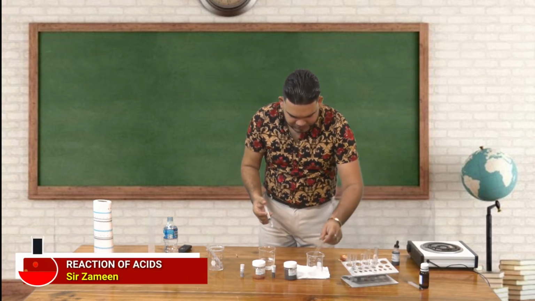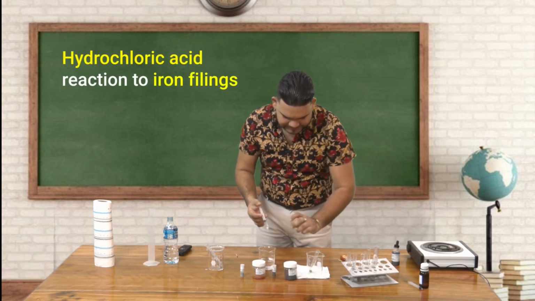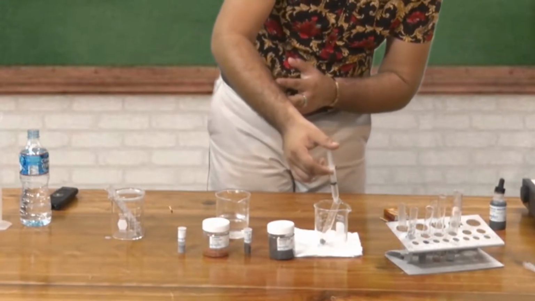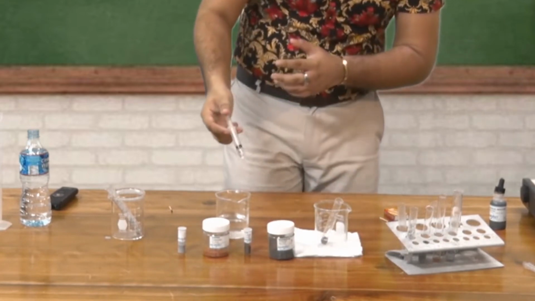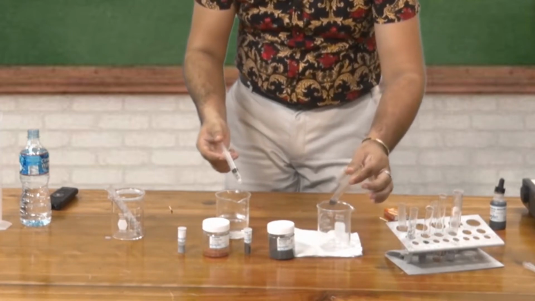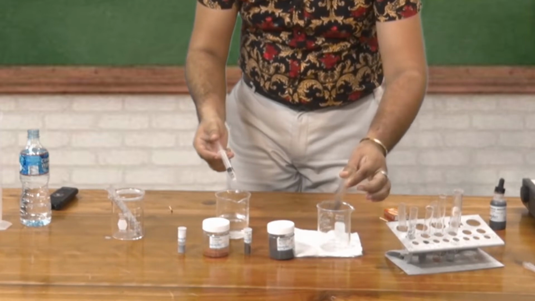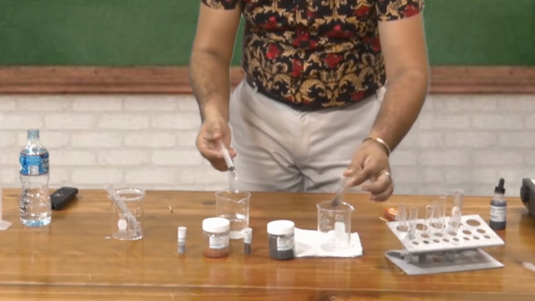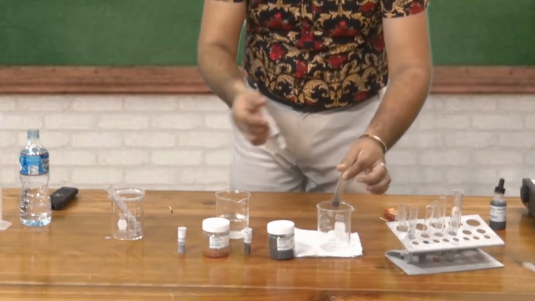Now let us move on to our what? Our iron filings. So let us go. As you can see when I'm shaking it up, we have a very slow reaction occurring. This is exactly what happened earlier, right?